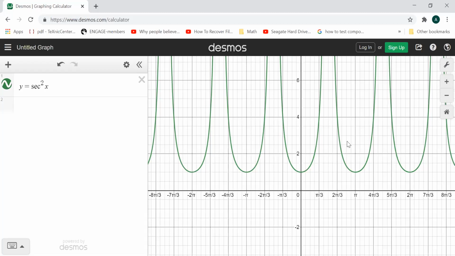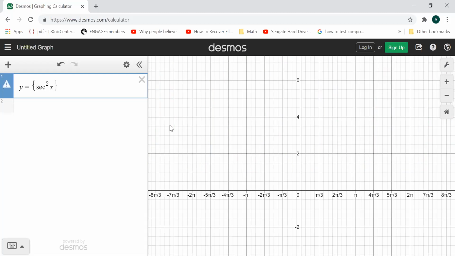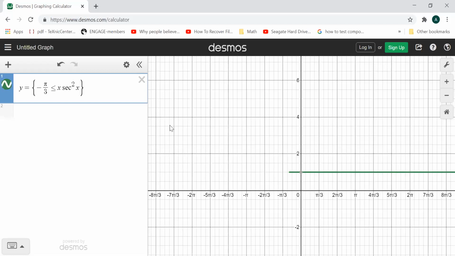So I don't have to deal with this mess, these other humps to the left and to the right of that. Well, in order to do that, you are going to have to use these curly braces, and you can say here when x, negative pi over 3, I just typeset pi and it pulls pi there, less than or equal to x, less than or equal to pi over 3, colon, use the formula secant squared x, much better.